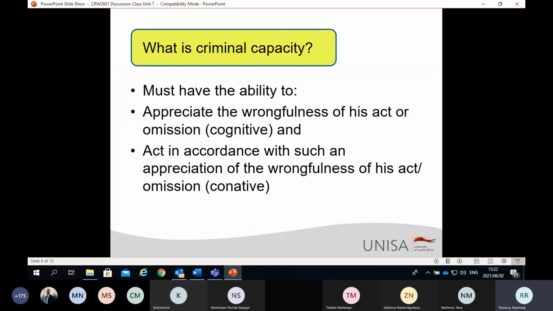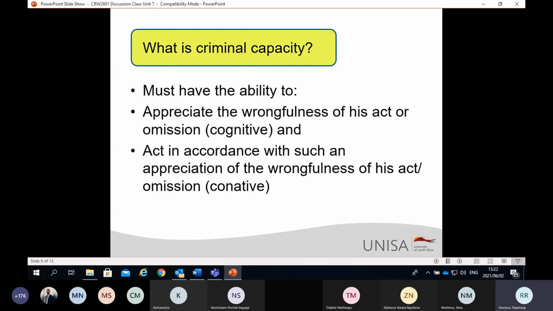But when we talk about an awareness or a mistake relating to unlawfulness or a mistake relating to the presence of a ground of justification, where X thinks that they are acting in private defense, for example, or where X thinks they are acting with consent or in necessity, that is putative defenses. So that is called a mistake relating to a ground of justification.